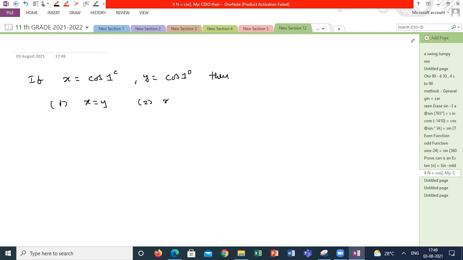Second option, x less than y. Third option, x greater than y. Fourth option, none of the above. Without putting the pen down, anyone can guess the answer.